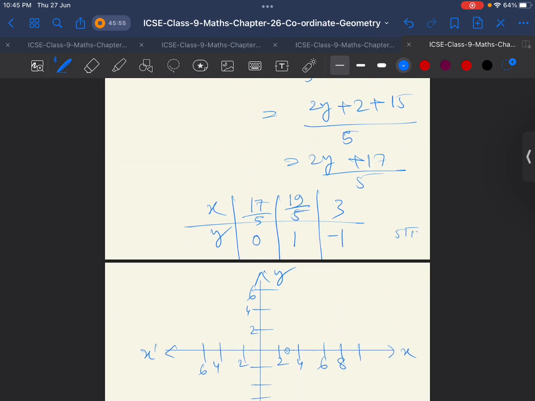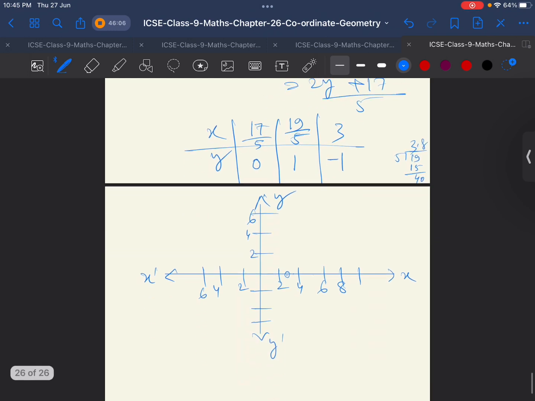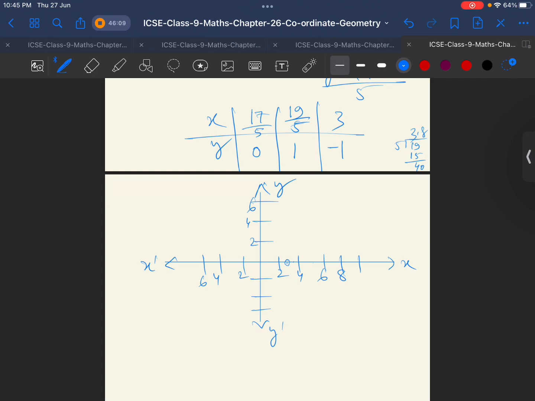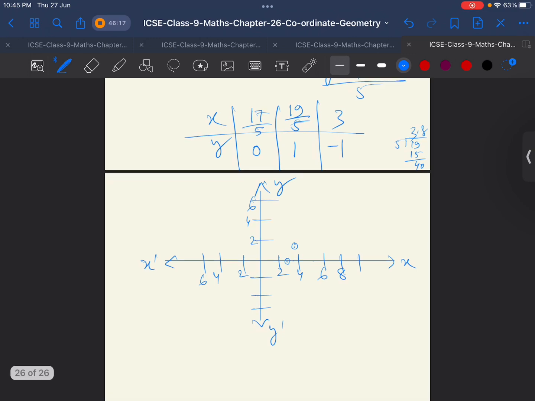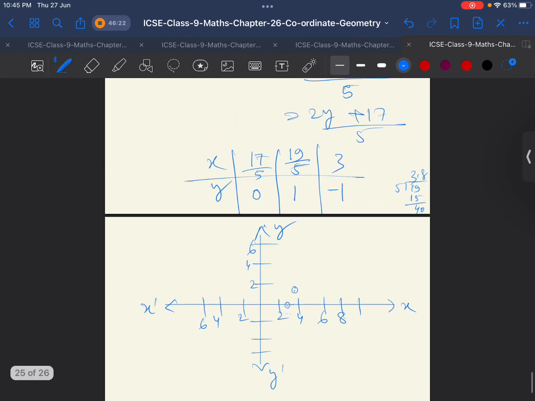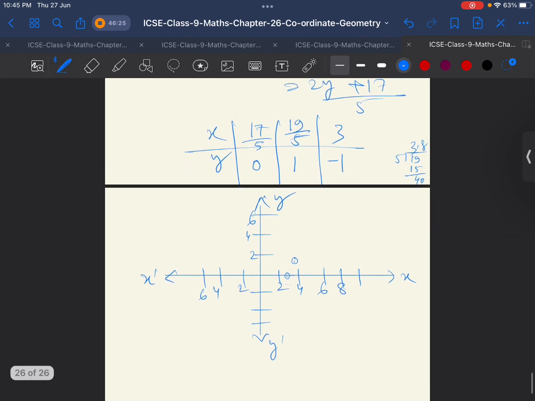Okay, so 3.8, 1 point will be here, and 3, minus 1 is here.